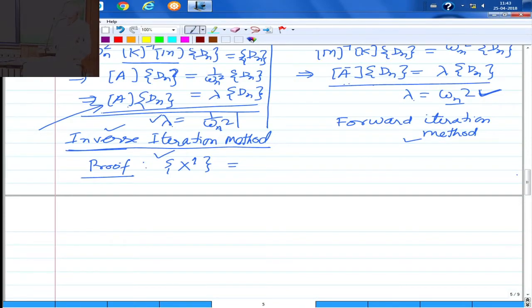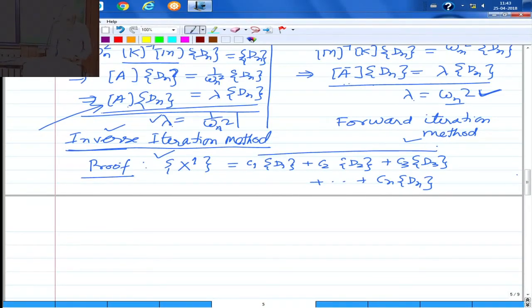That means some constant C1 into the first modal vector D1, plus another constant C2 into the second modal vector D2, plus C3 into the third modal vector D3, and finally plus Cn into Dn. Although we are not going to work this out when we use the method, we are going to straight away assume the initial guess.